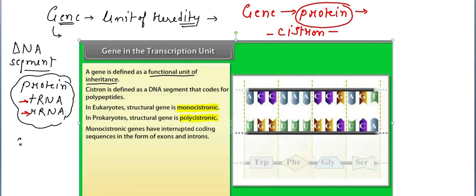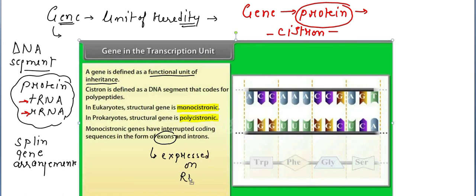What is the split gene arrangement? Where the exons are the coding sequences which are expressed in the processed RNA.